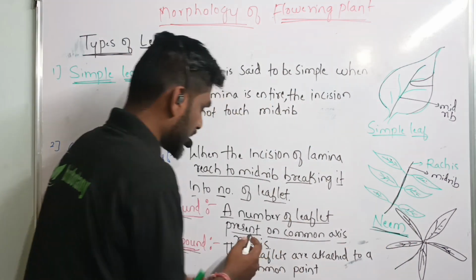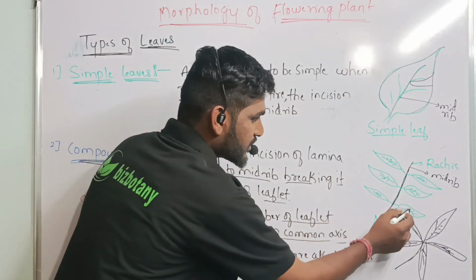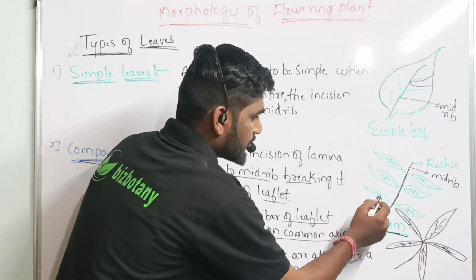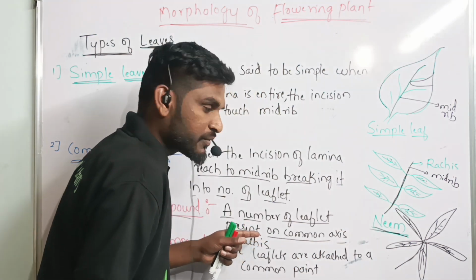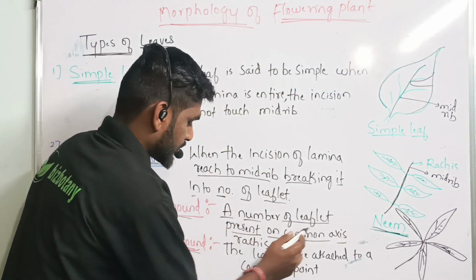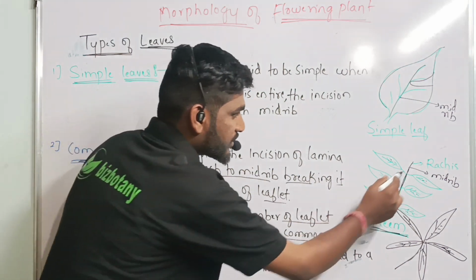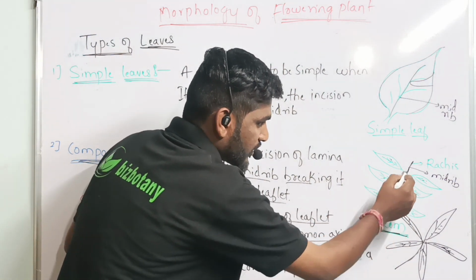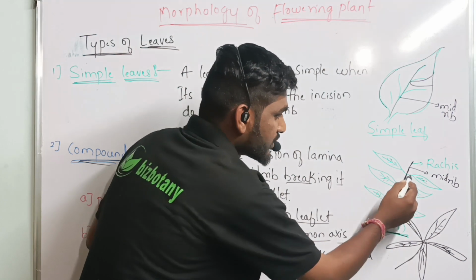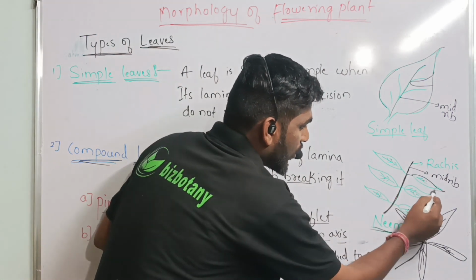In neem plants, what happens? These are the number of leaflets present in a neem, present on a common axis. This is a common axis, nothing but the midrib of a leaf. These leaflets are present on a common axis.